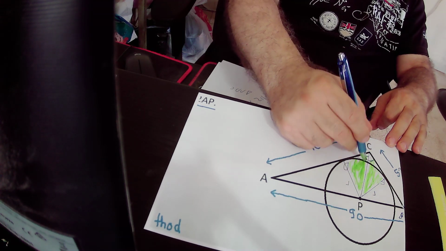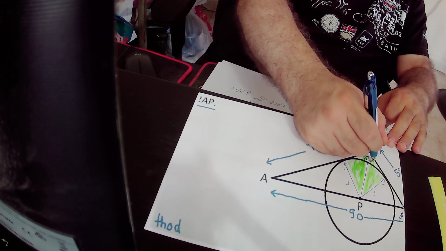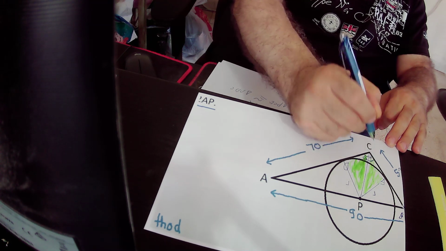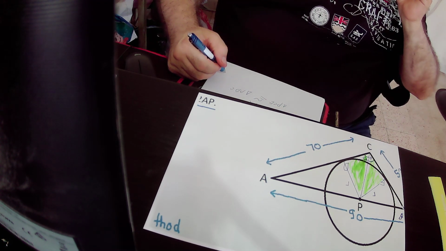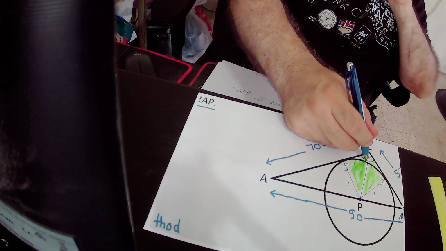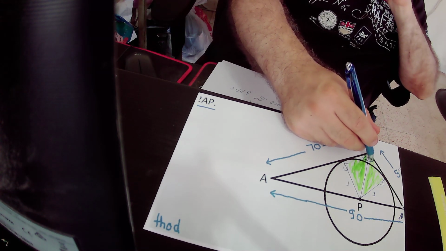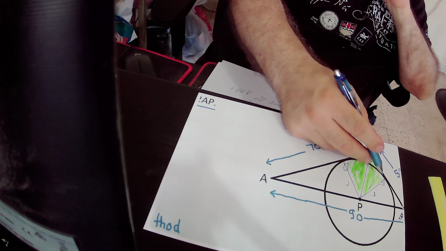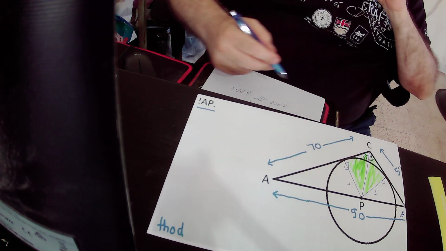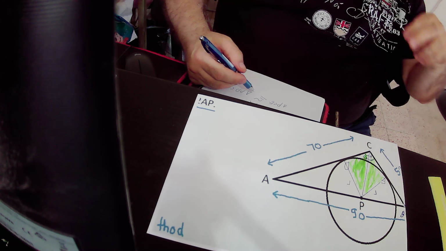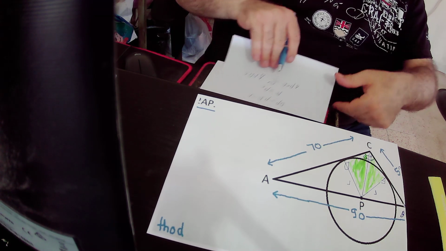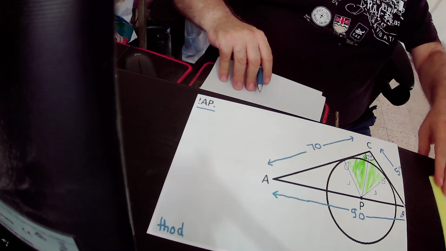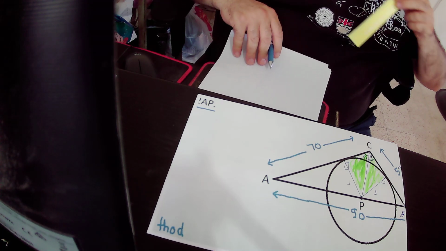So triangle PCE will also be theta because they are equal to each other. Okay? So this angle equals this angle, or angle PCD equals angle PCE. Okay? So now let's draw triangle ABC again.